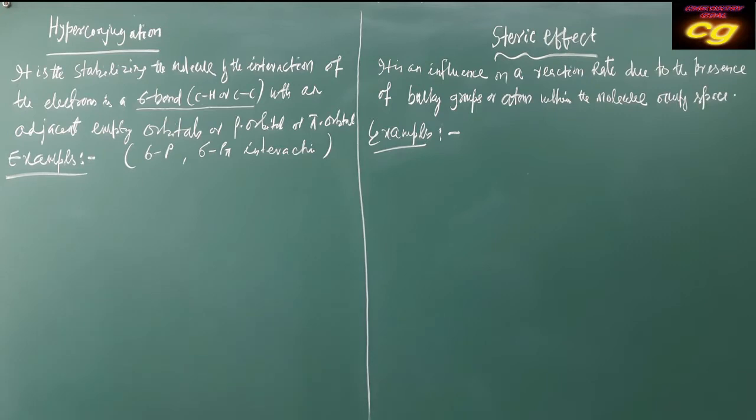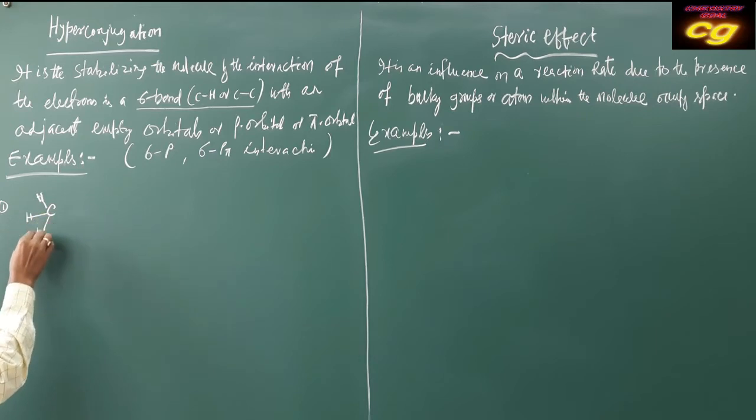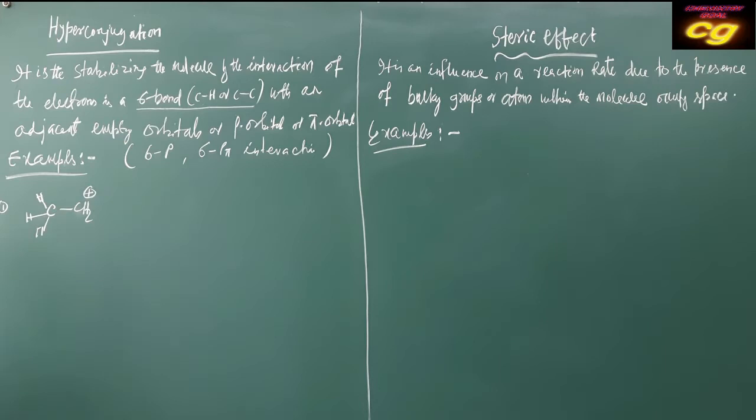Here in hyperconjugation, suppose this is the case. This is called the ethyl carbocation. Here the CH bond on the ethyl group is called the alpha CH bond.